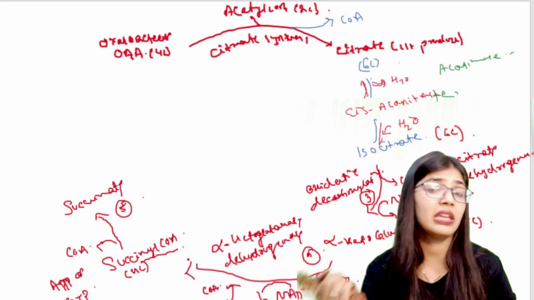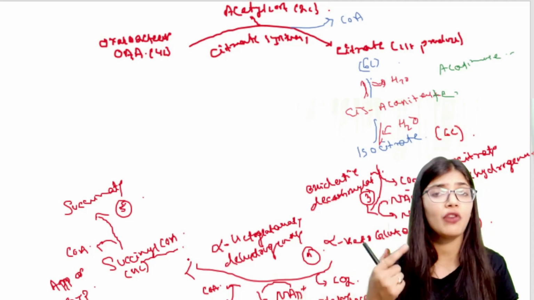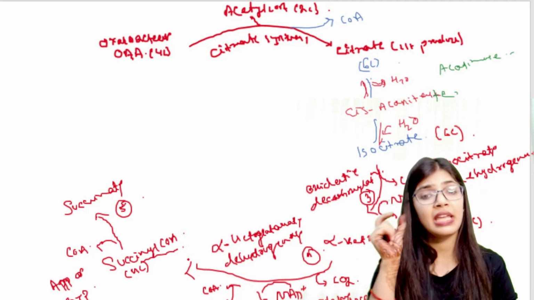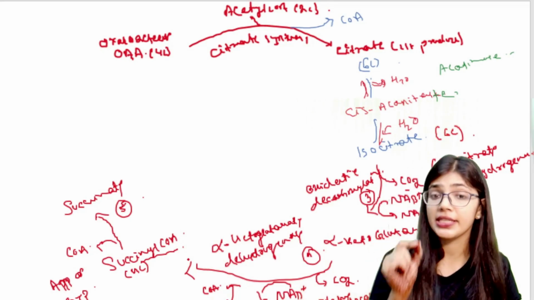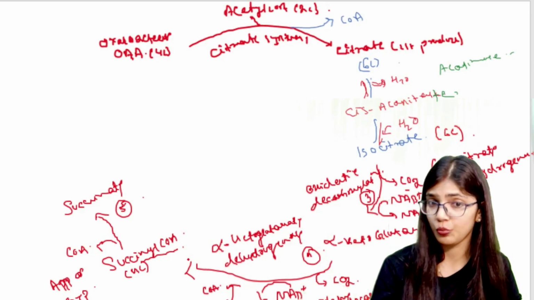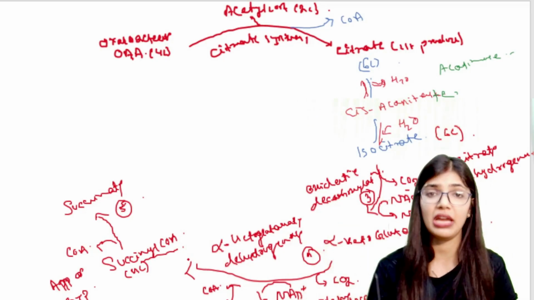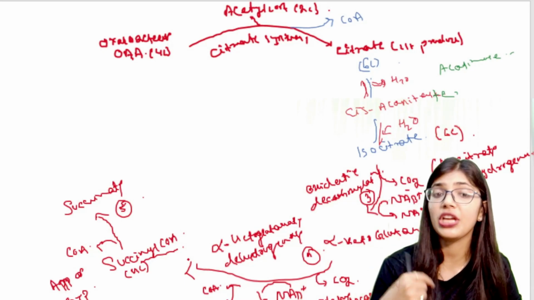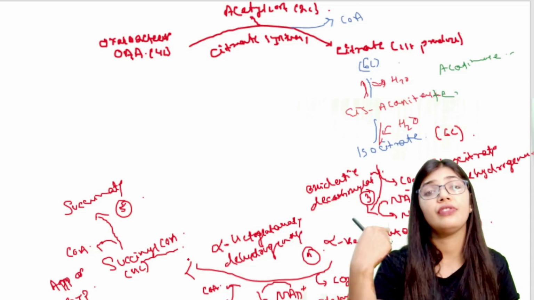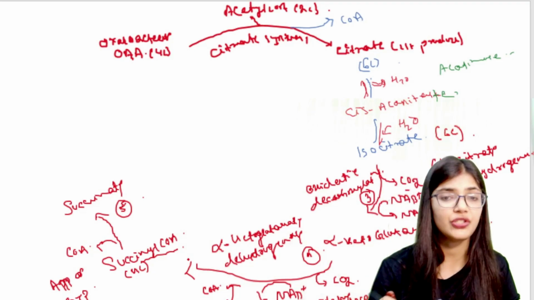In the previous step coenzyme A was taken in to form succinyl coenzyme A, and when succinyl coenzyme A is divided into two parts, succinate and coenzyme A, energy is produced. That is the reason first addition takes place and then removal.